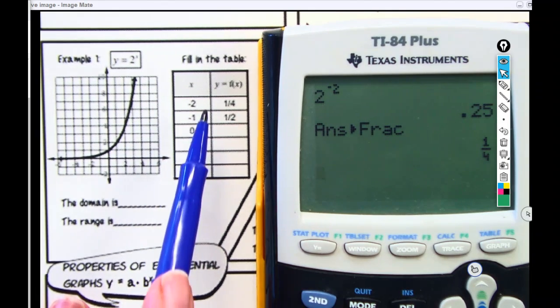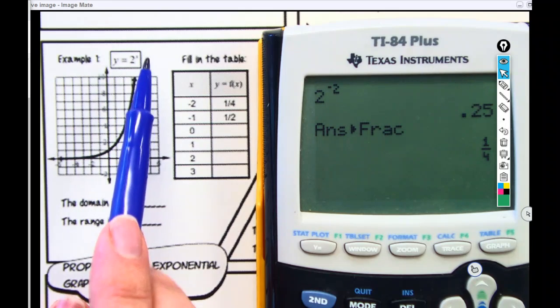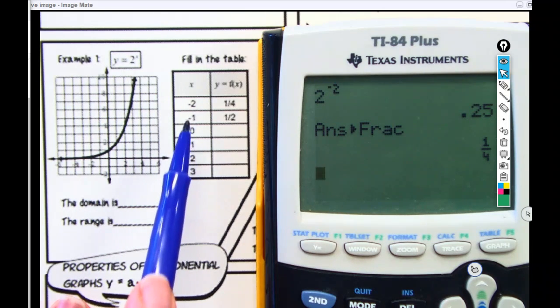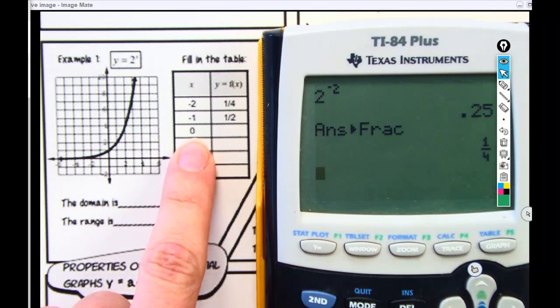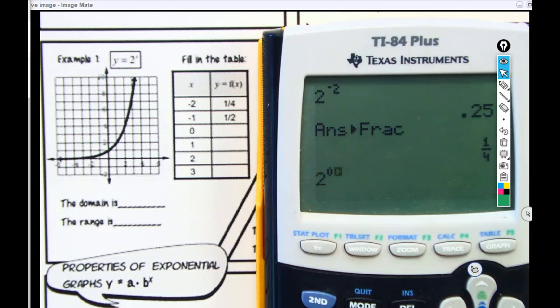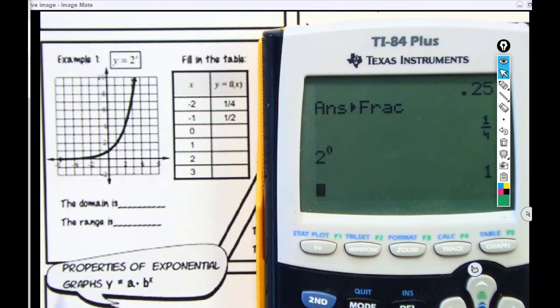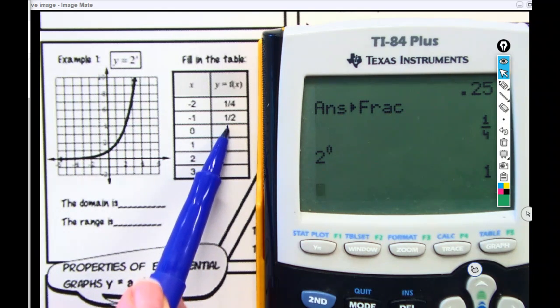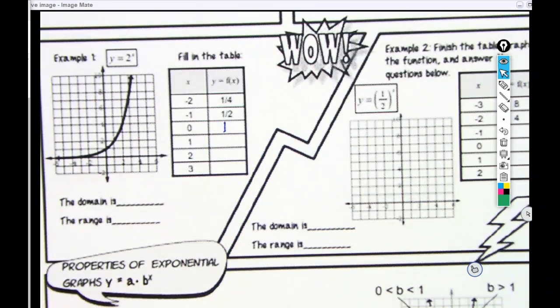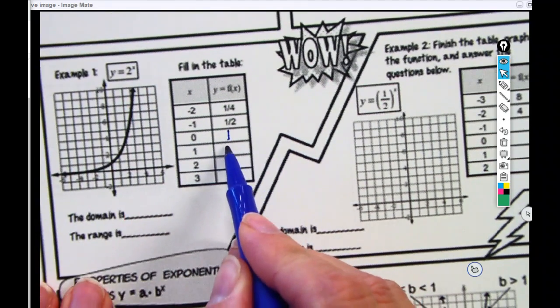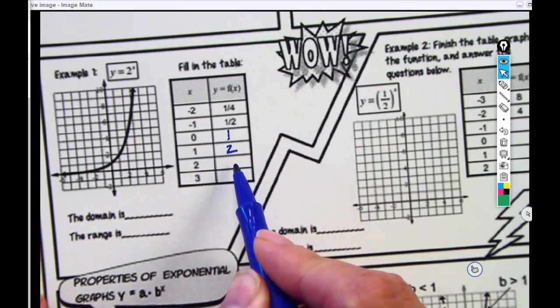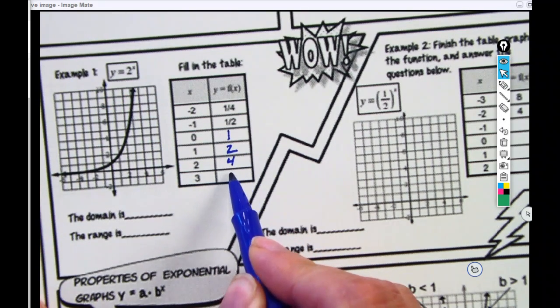Over here on this table, we're doing 2 raised to each value of x. We're just creating a table. So what's 2 to the 0? Anybody remember that without typing it in? Not 0, it's 1. All right, now I'm not going to need my calculator for the rest of these. 2 raised to the first, 2 raised to the second, and 2 raised to the third.